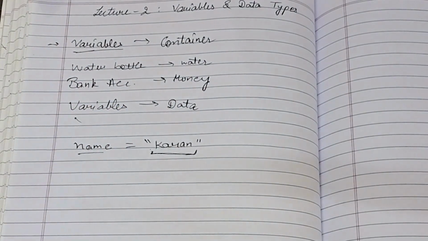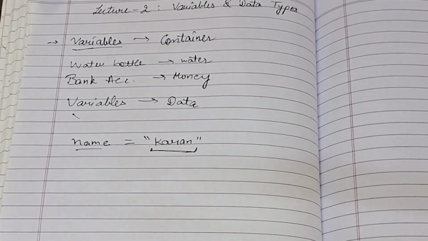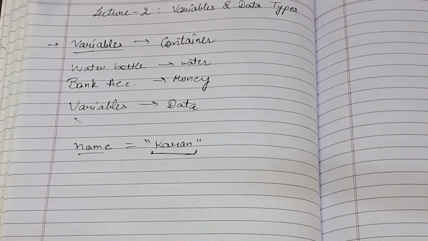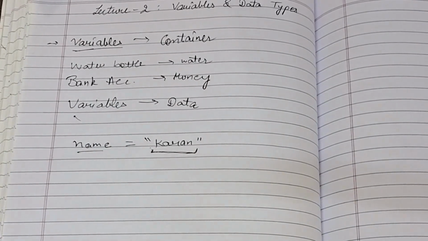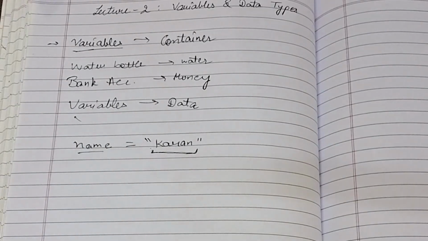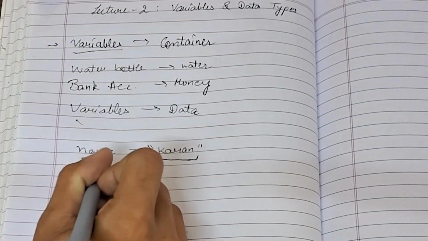It may be any character or number or special character, but it is always a string. Anything inside quotes, double quotes or triple quotes is a string. Remember this.